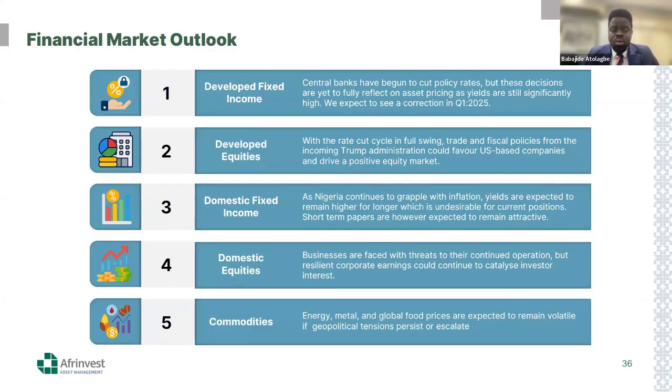For commodities as well, I think geopolitics will remain the major focal point for 2025, and how well every other country plays their card with Donald Trump will shape a huge part of our financial markets in the coming year.